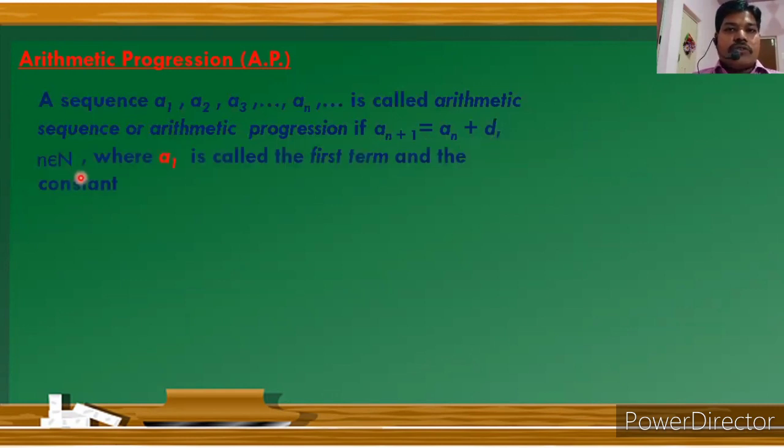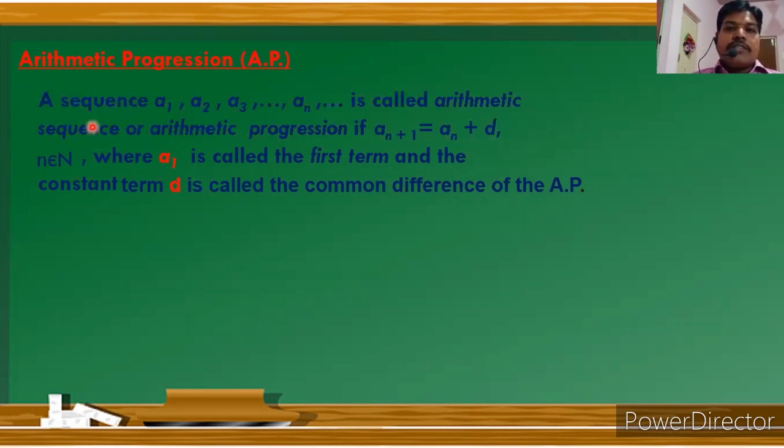Here n belongs to the natural numbers, where a1 is called the first term and the constant d is called the common difference of the arithmetic progression. So once again, students, what is an arithmetic progression?